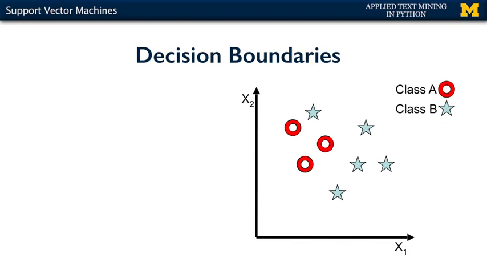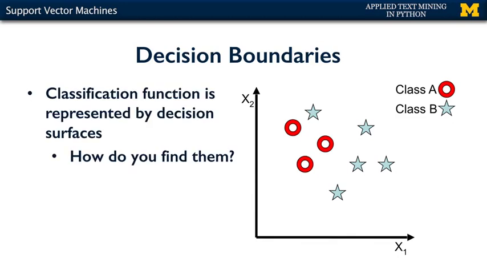Now you need to somehow make a boundary around one of the classes to separate it from the other class. You could use any decision boundary. You could use one that is a circle, or one that's a square, or any other random shape.